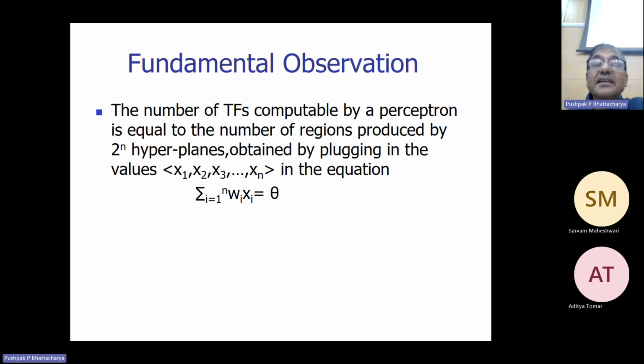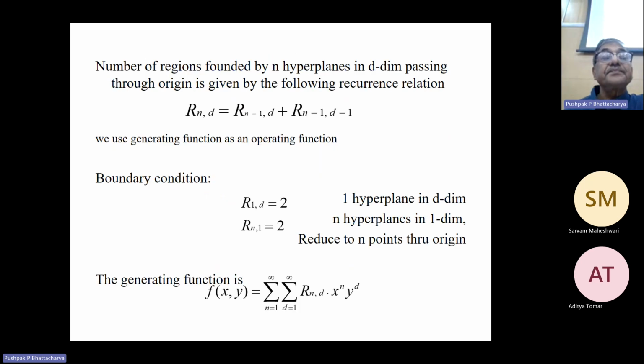So linking the total number of regions produced by hyperplanes to the capacity of the perceptron is again an important theoretical foundation. Then we set up the recurrence relation for counting the number of regions.